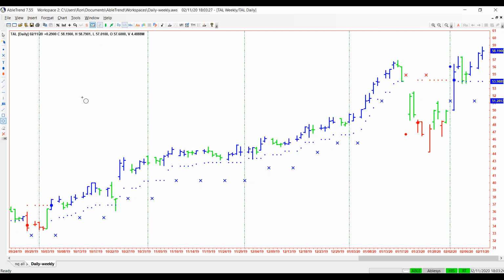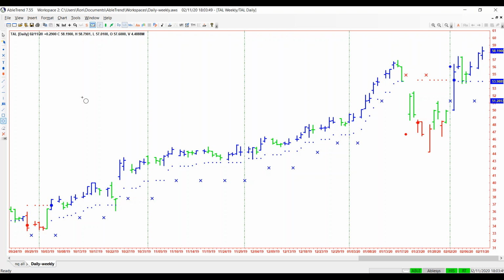So the software is looking for low risk trades only, and it has to be triple confirmation before we take a trade. In addition, we've got a stop loss in place. So that really lowers our risk, and that's why AbleTrend signals have a lot less losing trades than everything else.